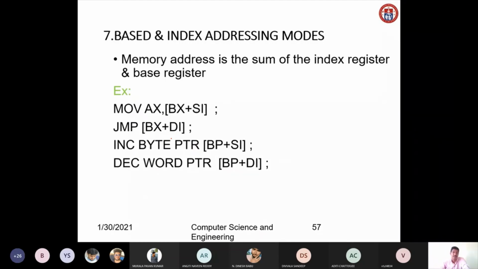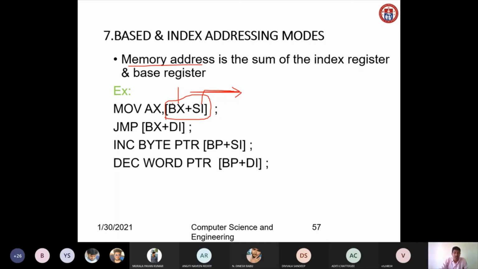Here, this is your memory address. The memory address is the sum of the index register, that is source index, and this is your base register. So when your memory address is the sum of index register plus base register, we call it a based indexed addressing mode.